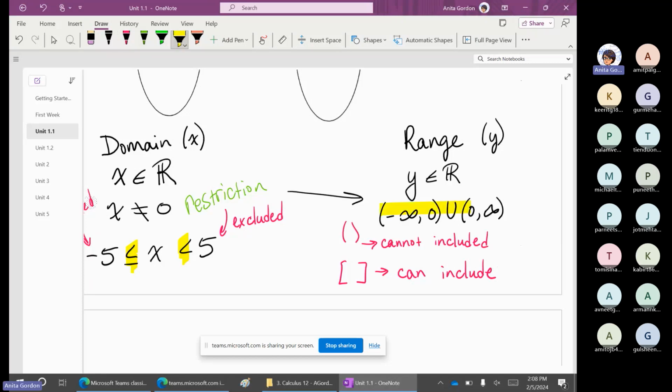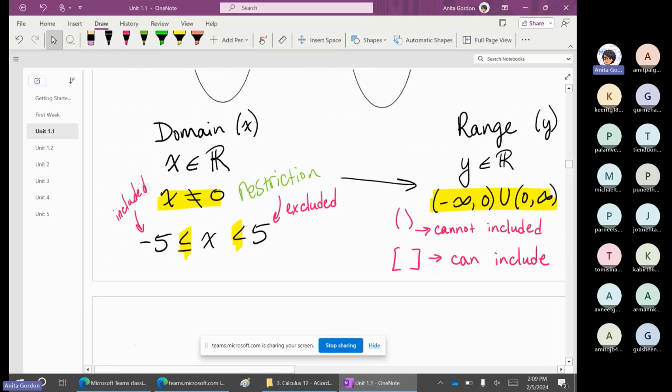This means the same as this, cannot be 0. It goes off to infinity, comes to 0, but doesn't touch it. Goes off to infinity in the positive direction, but doesn't touch the 0 because I have round brackets around the 0, cannot touch it. So here, x can be between positive and negative 5. I include the -5 though.